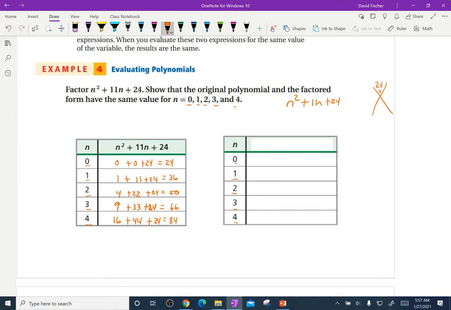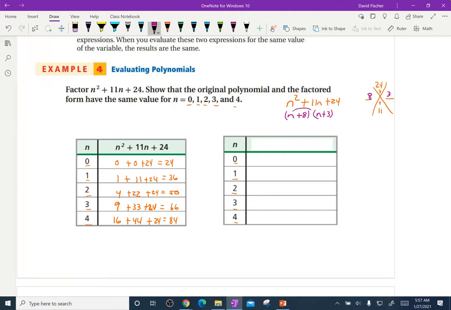24 goes up here. 11 goes down here. So what two numbers multiply to 24 but add up to 11? I'm hoping you're saying 8 and 3. So n plus 8 and n plus 3.